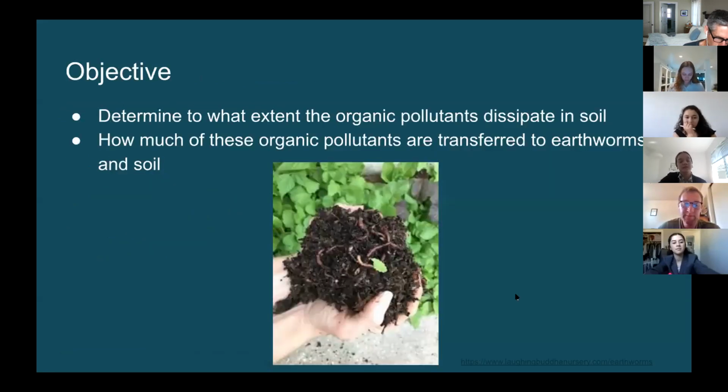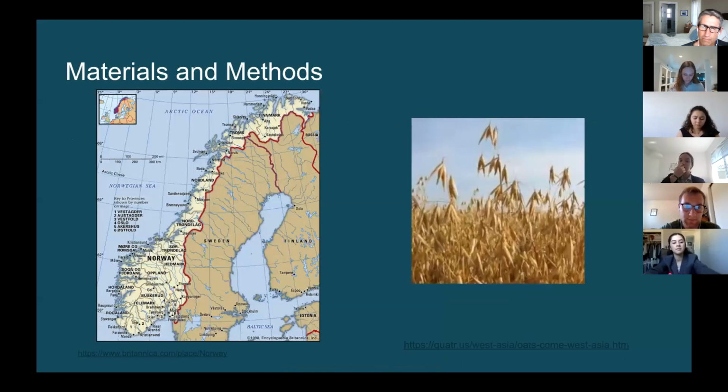The objectives are to determine to what extent the organic pollutants dissipate in soil and how much of these organic pollutants are transferred to the earthworms and the crops. This study was done in southern Norway.